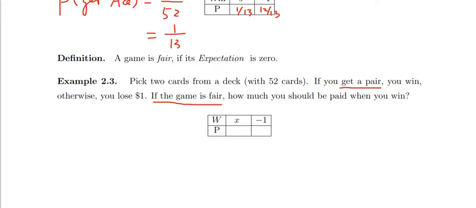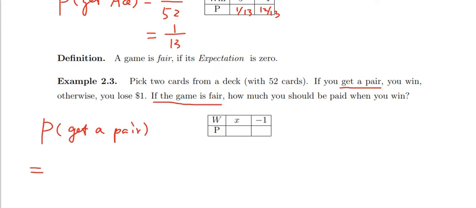Okay, so here we need to find the probability of winning, meaning the probability of getting a pair. Here we just pick two cards. If we pick many cards, we should use combinatorial coefficients, those notations.